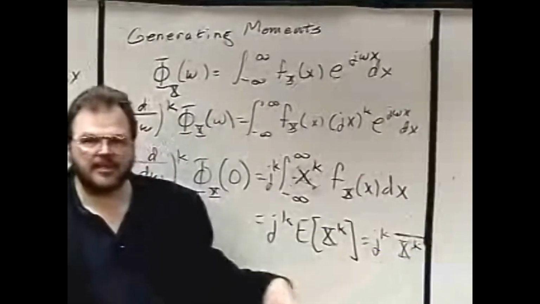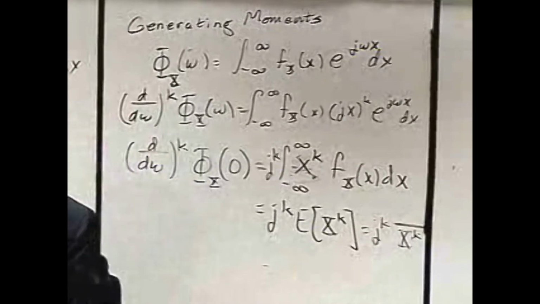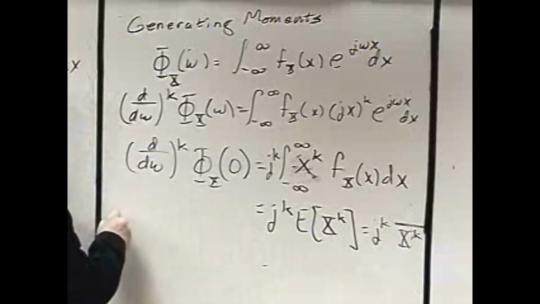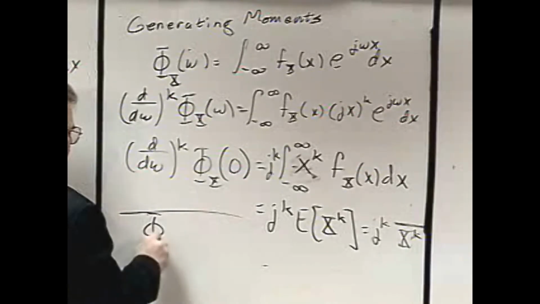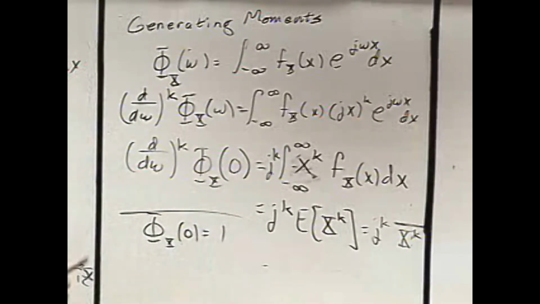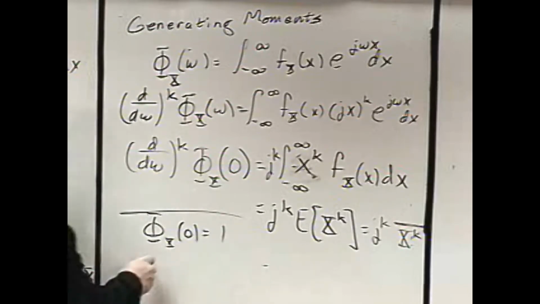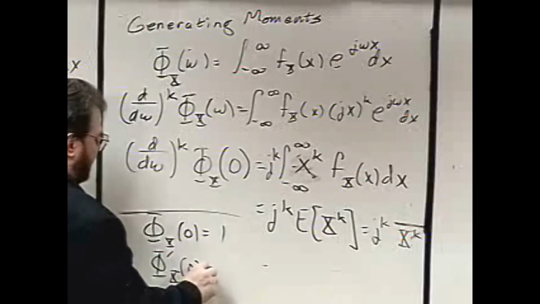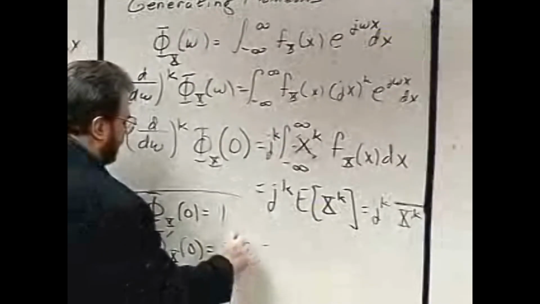So this is interesting. If we take the characteristic function and we take the kth derivative of it, we obtain the kth moment if we evaluate that kth derivative at the origin, times a little fudge factor, which we have to take out here. So therefore, first of all, as a sanity check, the characteristic function at the origin has to be equal to 1. And you notice that's kind of the 0th moment. That's the expected value of x to the 0th power, which is just the area of the density function. Then phi prime x at 0, that's one derivative, is equal to j times the first moment.